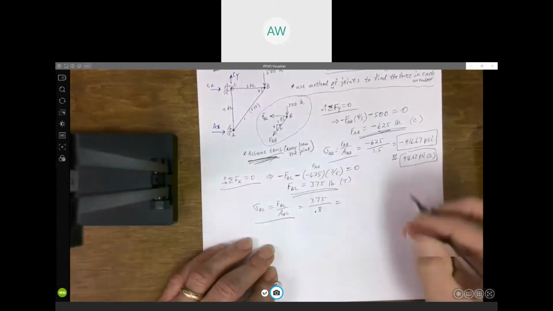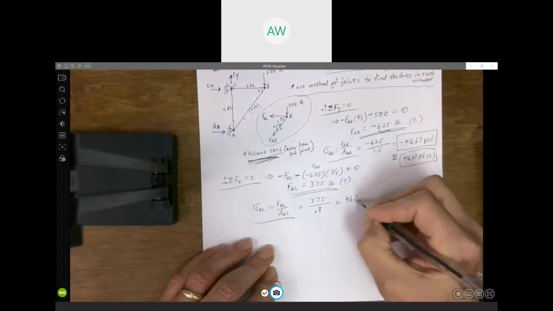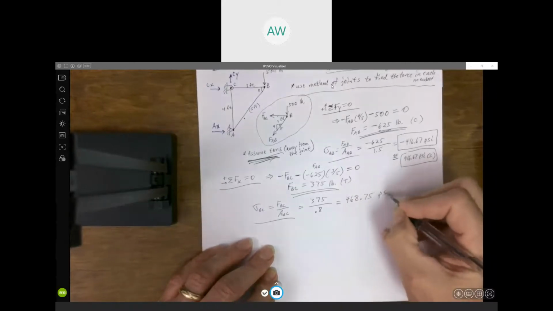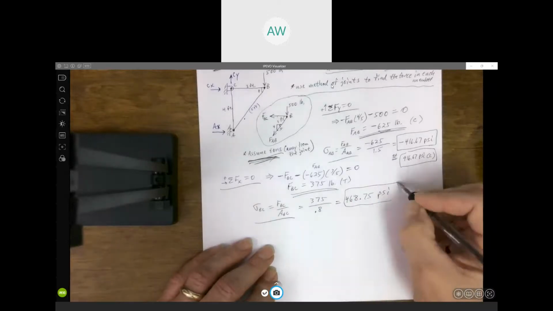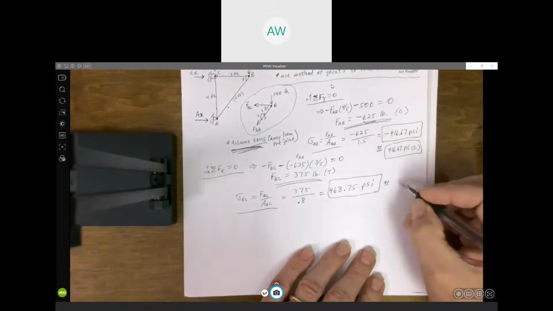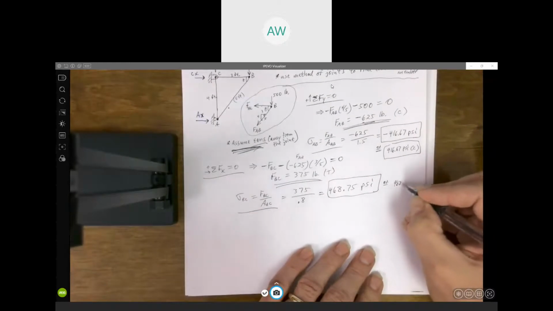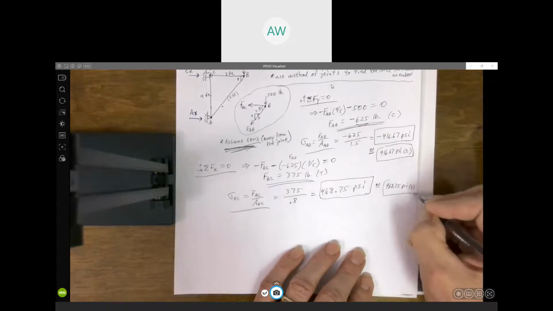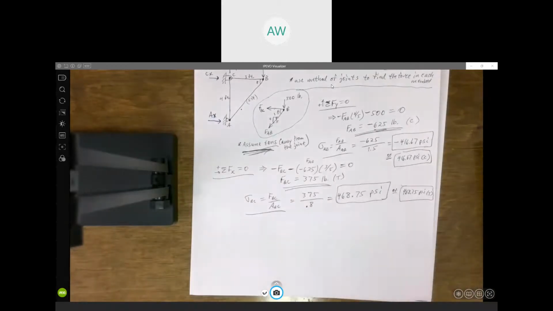I got 468.75. Again, this is PSI, pounds per square inch. Or if you're using T and C, 468.75 PSI, and put a T for tension.